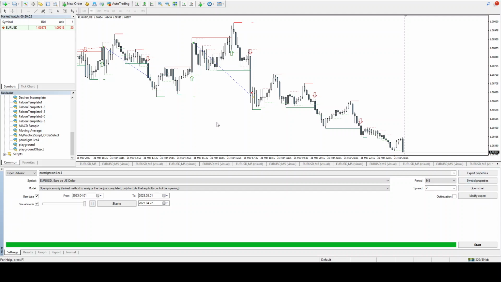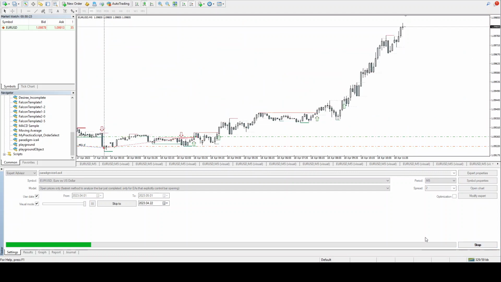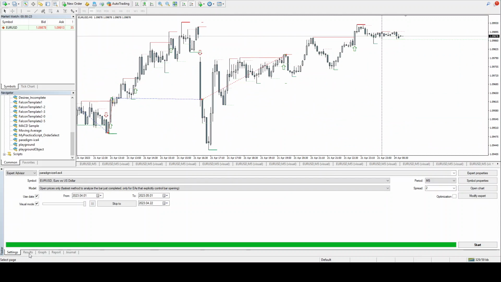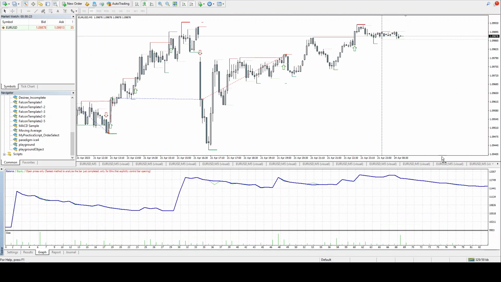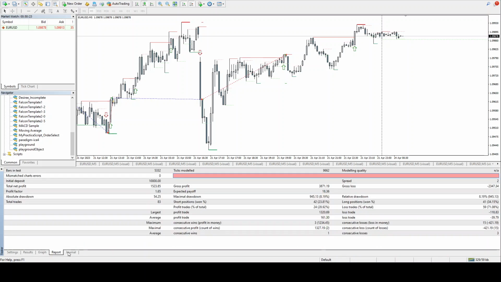Let's run it without the Q zone filter, and then let's run it. This is the equity curve for this month so far, and the net profit is 15.2%, and the absolute drawdown is only 0.5%.